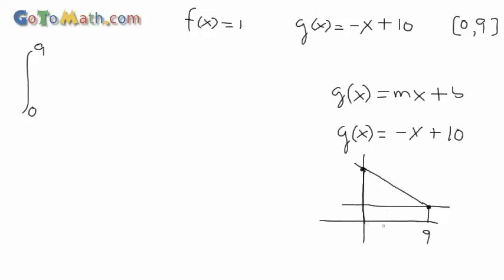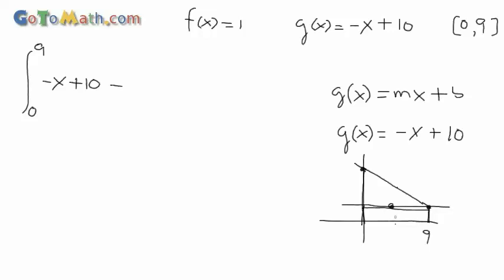And we're finding this area all the way from underneath this curve to the x-axis. And that we said was this guy right here. So this is negative x plus 10. And then we're subtracting off this area, the curve just below it.